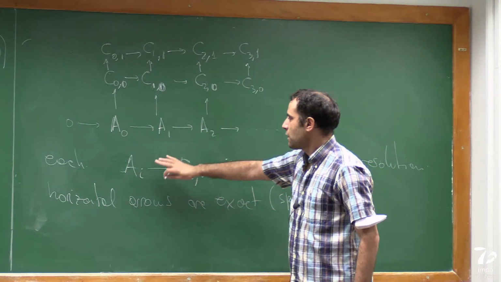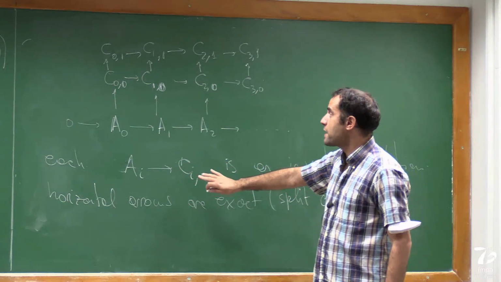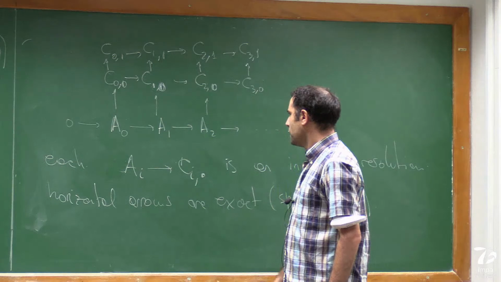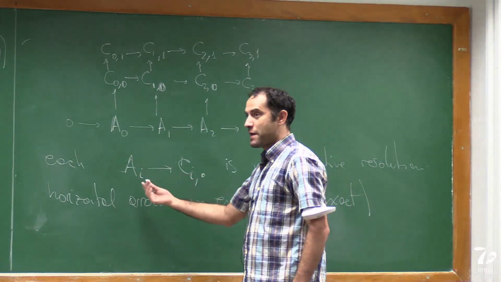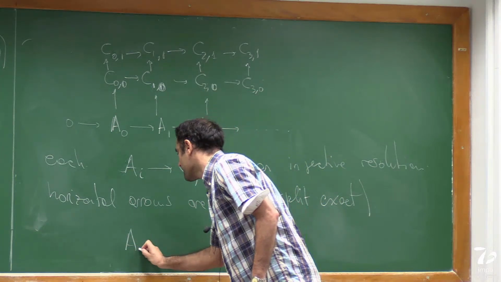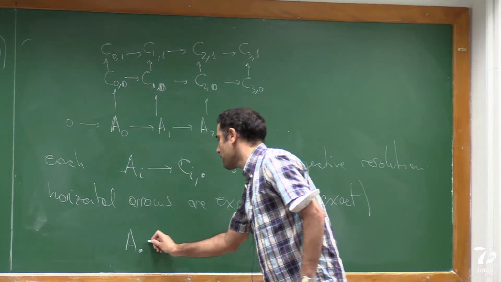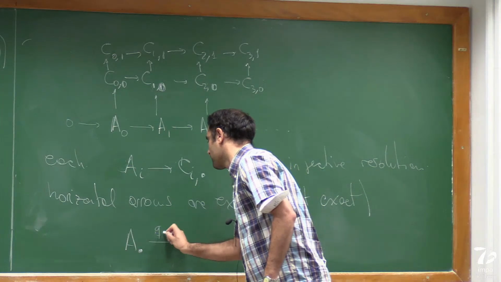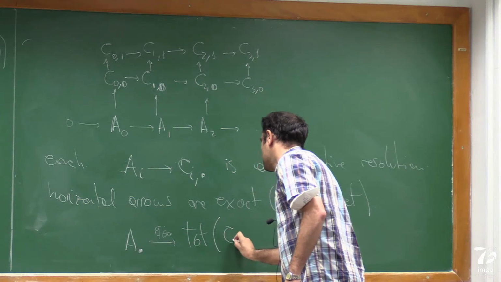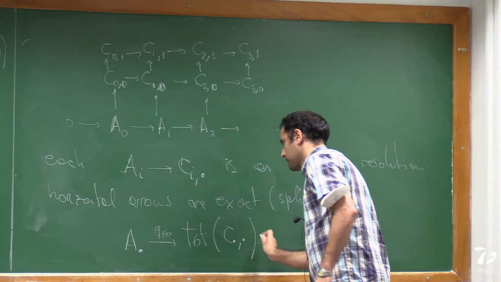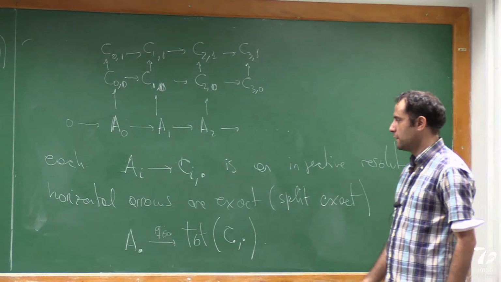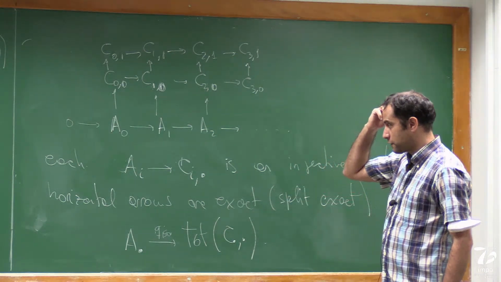But the point is that this is what we constructed for modules over a ring when we wanted to resolve a module. So out of this construction, this complex here is quasi-isomorphic to the total complex of this double complex C. So that was the upshot of how we proved the balancing of Tor.